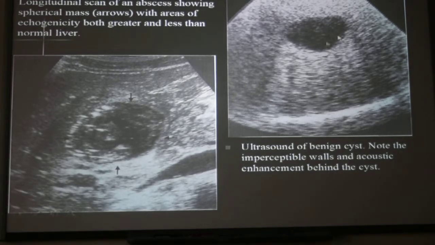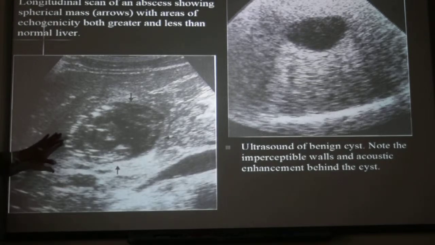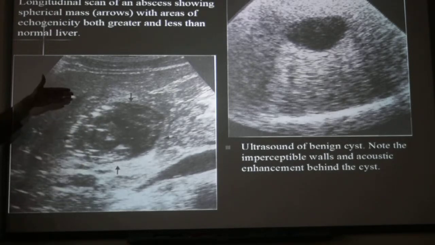If you look at this cyst, this is jet black. This one has echoes inside, bright foci or bright echoes inside. So these are actually dirty echoes. The dirty echoes is when you have air inside. The air gives you bright echoes like this. There is no acoustic shadowing that you have with the stones.